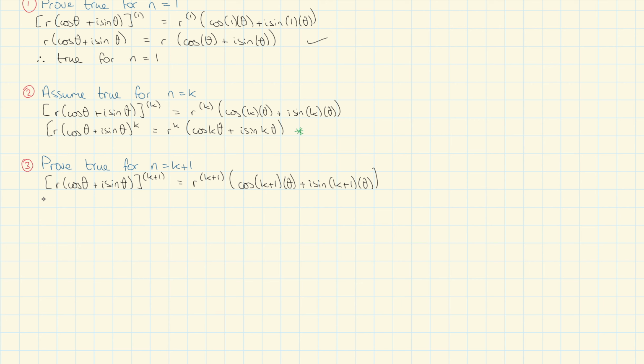So we'll have r cos theta plus i sin theta to the power of k multiplied by r cos theta plus i sin theta to the power of 1, and then that equals r times k plus 1 on cos of k theta plus theta plus i sin k theta plus theta. So I've just multiplied out my brackets in that previous step.